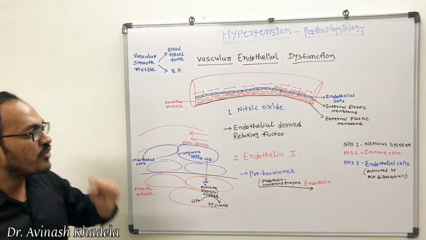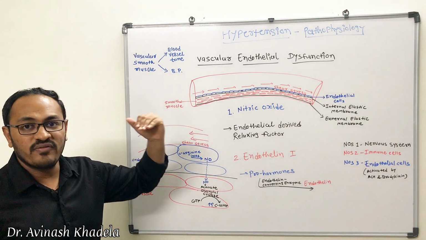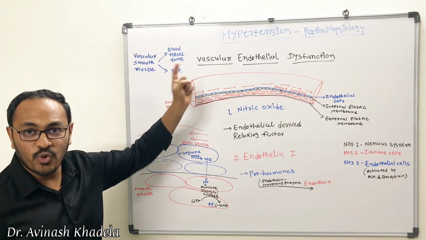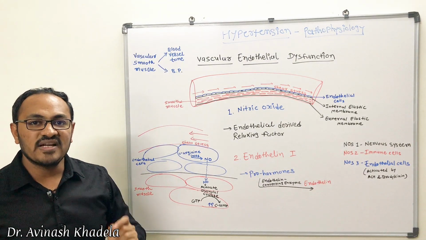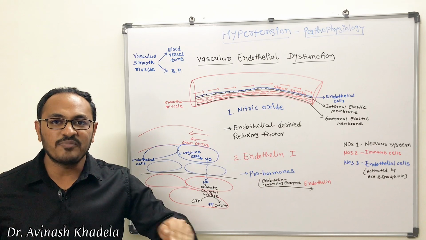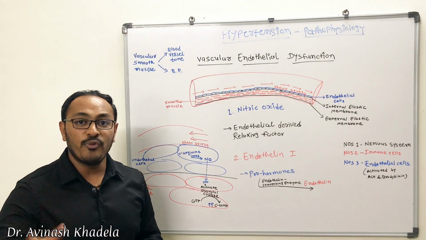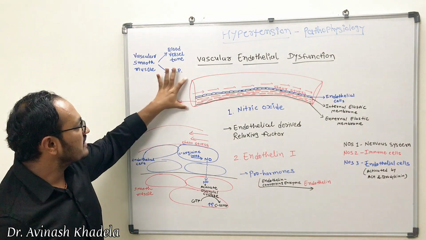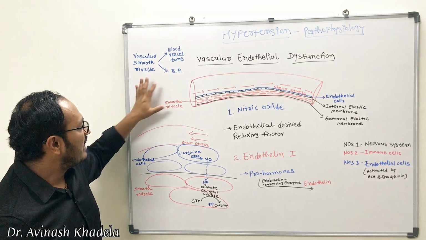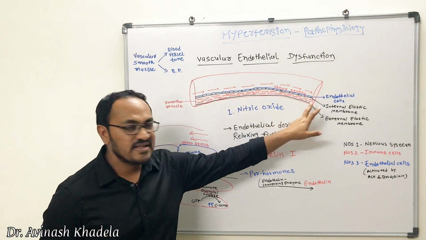Now, the most important concept is how vascular smooth muscle maintains blood vessel tone, which we must understand in order to understand how regulation of blood pressure takes place in the artery as well as the vein, which is composed of vascular smooth muscle. So let's say, for example, this is an artery, which is composed of certain layers.